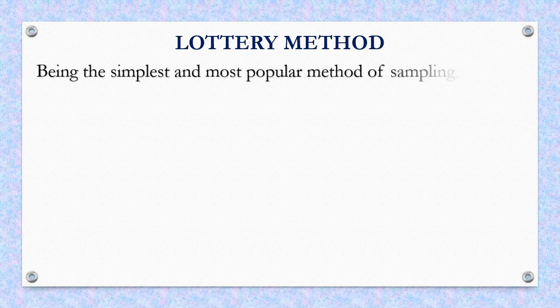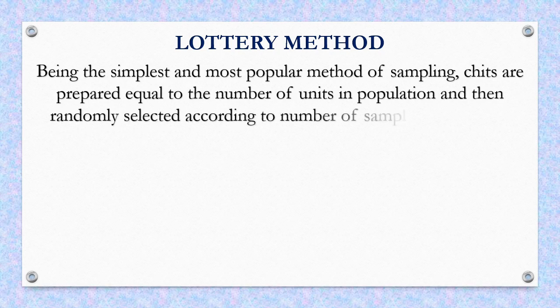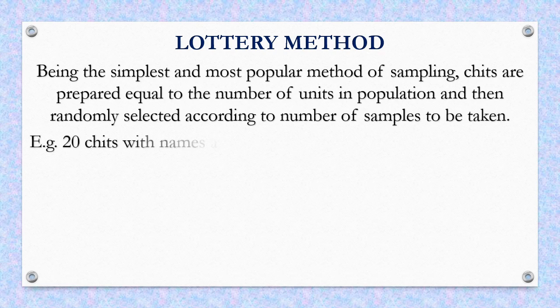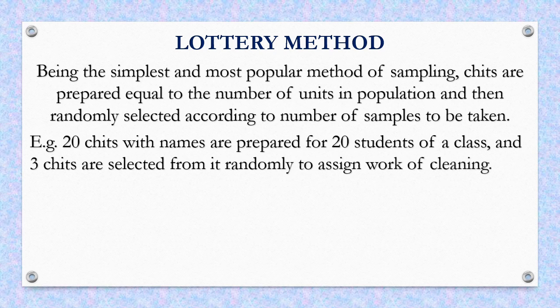The lottery method is the simplest and the most popular method, in which we prepare chits equal to the number of units in the population, and then we randomly select the number of chits according to the requirement of our sample. For example, we have 20 students in a class, so we prepare 20 chits with their names in them, and then we select 3 chits out of these 20 chits randomly, and then assign the students with their names on those 3 chits the work of cleaning the classroom.